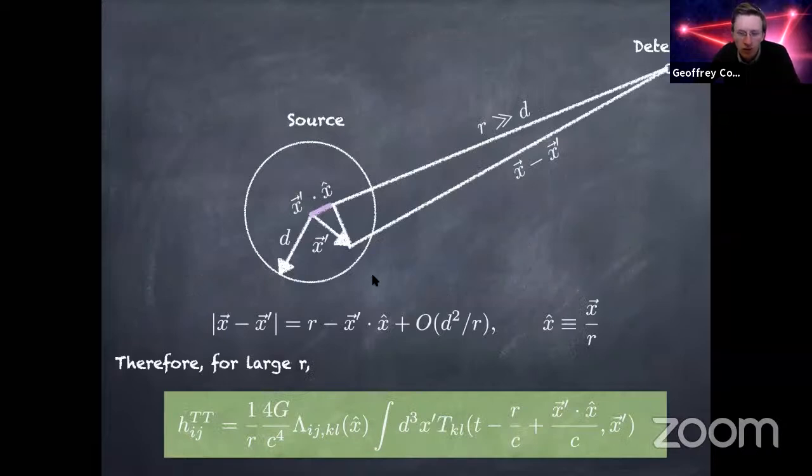To do that computation, we are going to expand x minus x prime. Imagine the source as having a typical size d, and we integrate over the entire source. But the detector, which is at this distance x, is very far away.